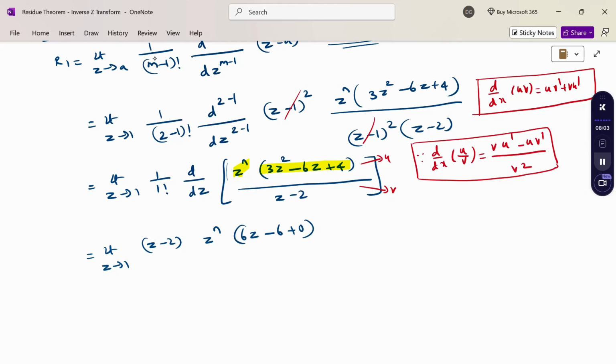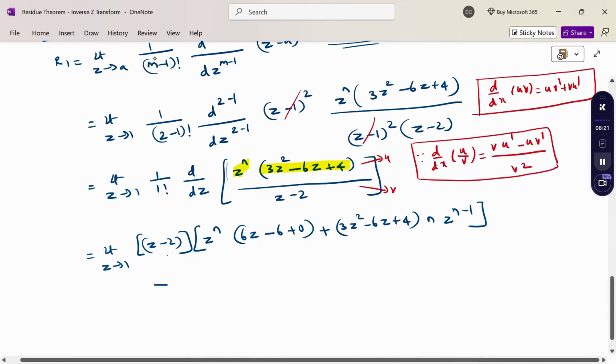So u v dash plus v, 3z square minus 6z plus 4, v u dash is n z power n minus 1. So now this is nothing but the form v u dash minus u v dash.